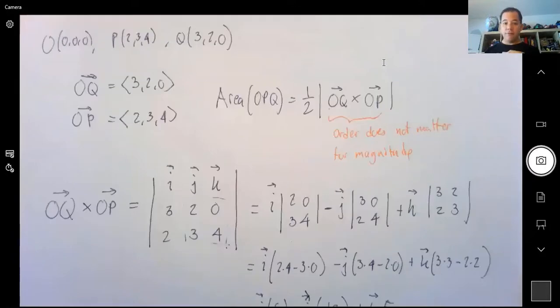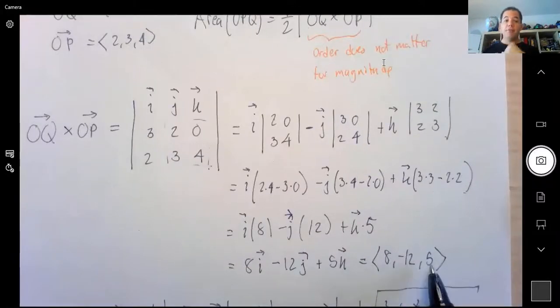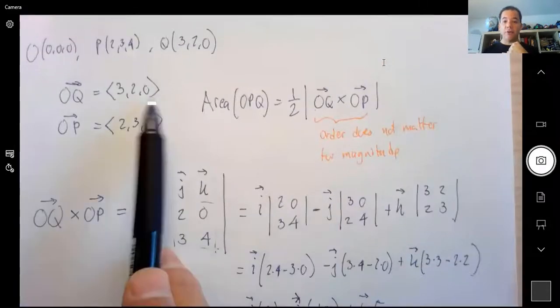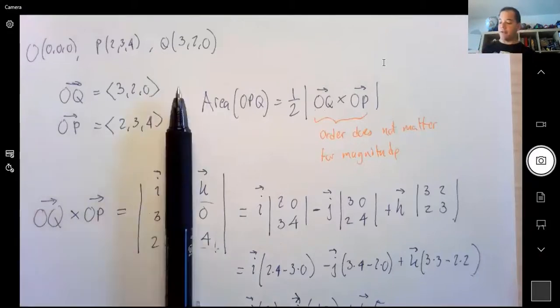So this vector 8, negative 12, 5, is perpendicular to 3, 2, 0 and to 2, 3, 4. Right? So it's in a plane that's perpendicular to both. And that's instructive and useful many, many times. All right, let's do more problems. We're only gonna do problems now.